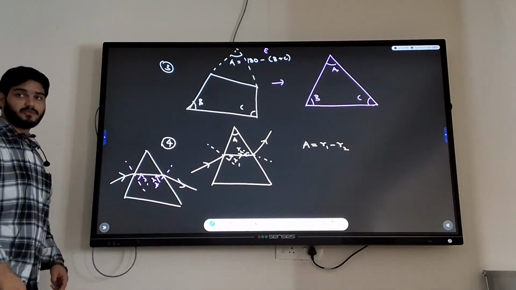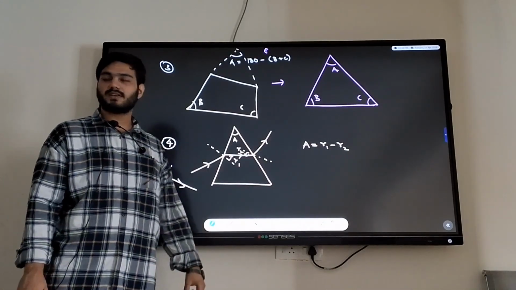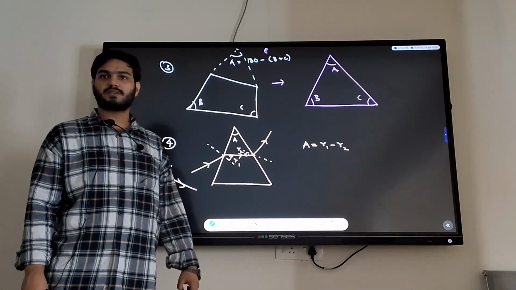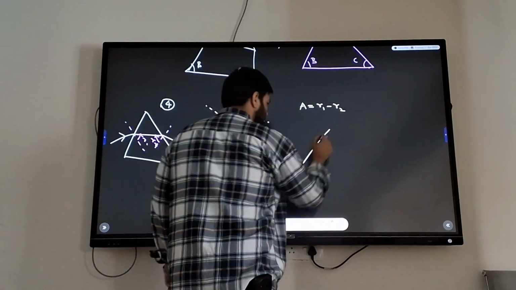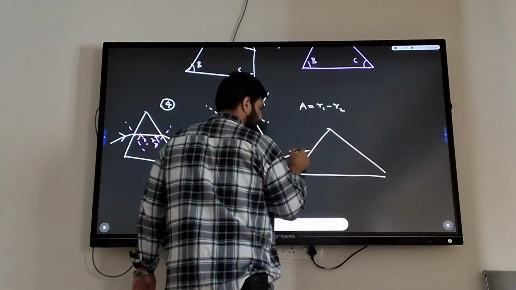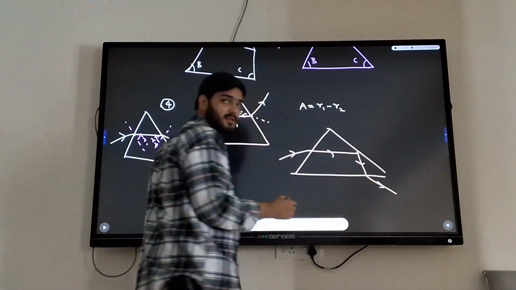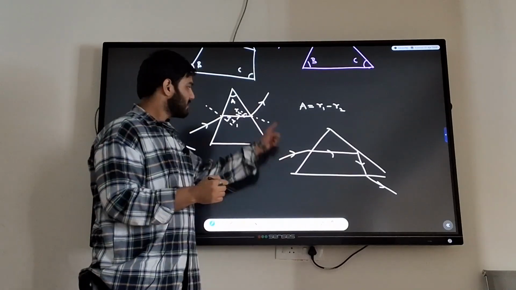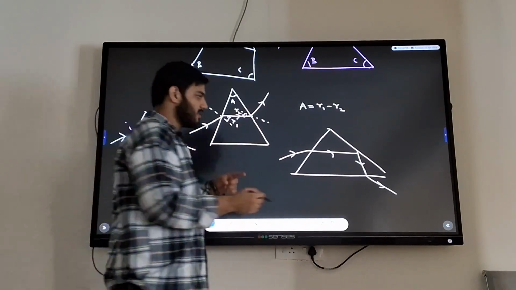And now you may think, why will the ray come out like this? Do you remember that we did a question yesterday? The fourth question. How are the rays coming out? If you remember, the rays were like this, then came like this, right? Do you remember that? Was it following this fashion? And now if you want to go, you can go and check.